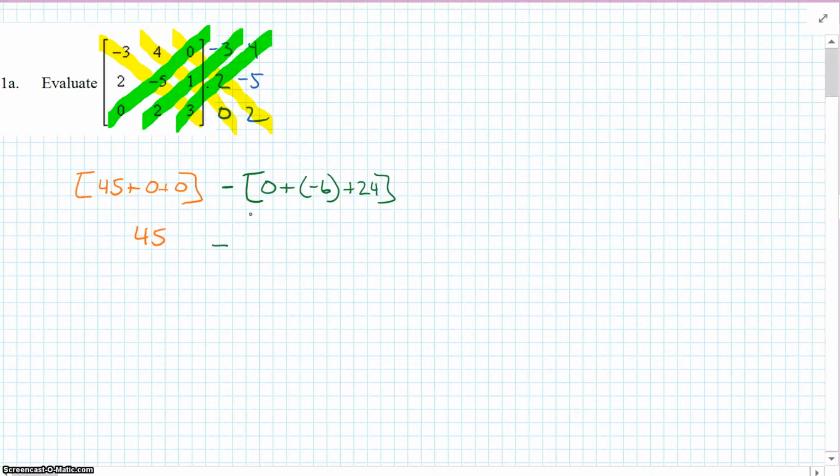So if you add those together, it's just going to be 18. So 45 minus 18 is 27. So the determinant of this matrix is 27.